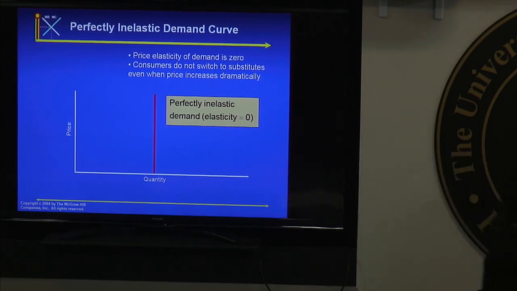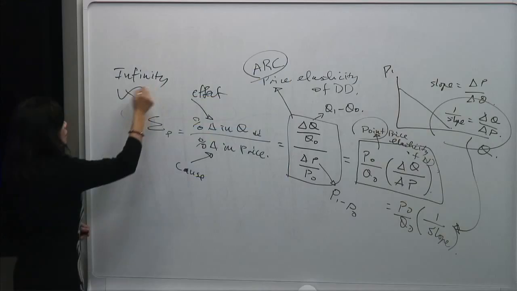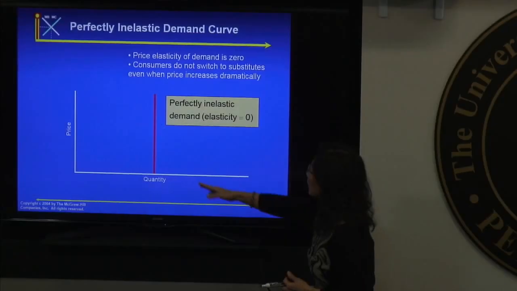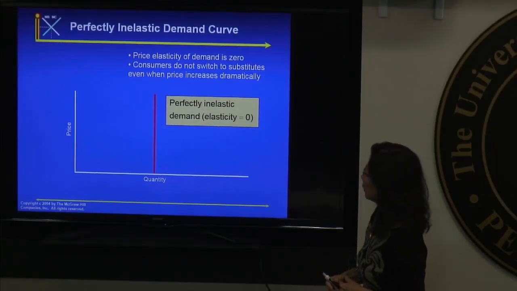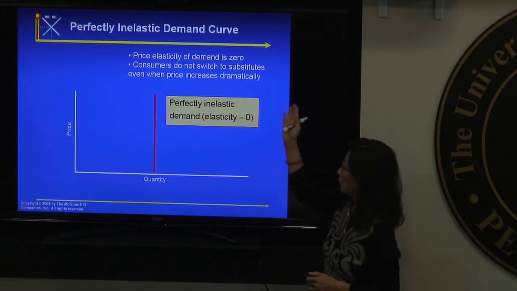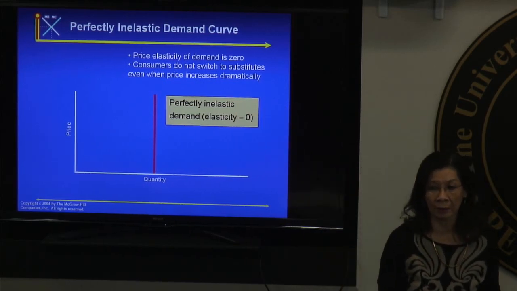Is everybody familiar with that sign I used? Infinity. And basically it means you will definitely substitute. So now, if you have a case like that, we say price elasticity of demand is 0. Consumers do not switch to a substitute even when price increases dramatically.